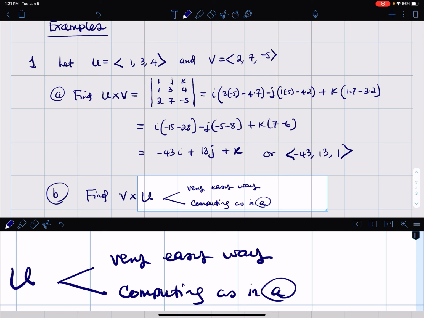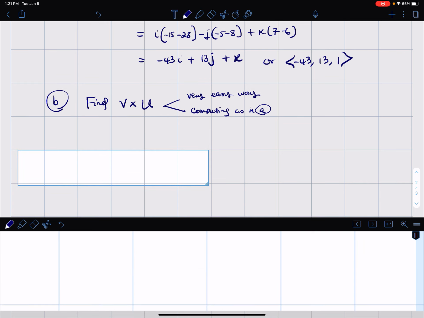Look for the answer using the very easy way, which doesn't require any work, and then verify your answer by doing something similar to what we did in A, okay?